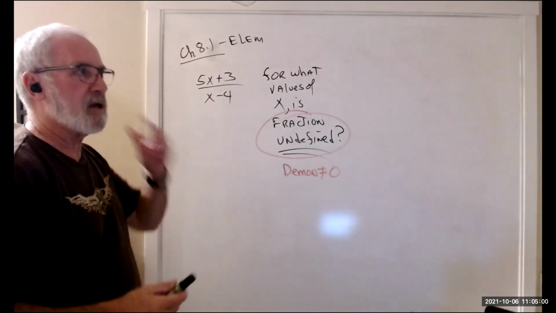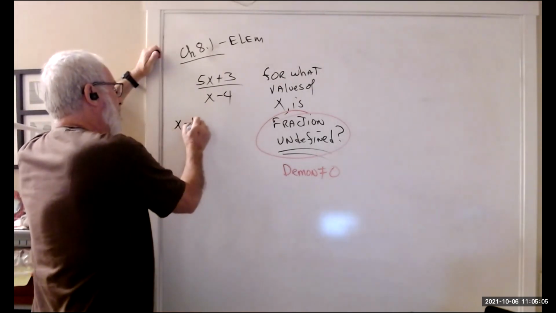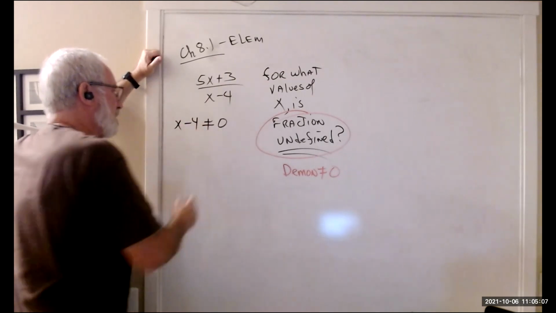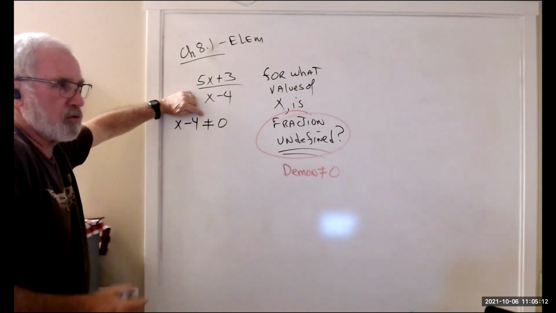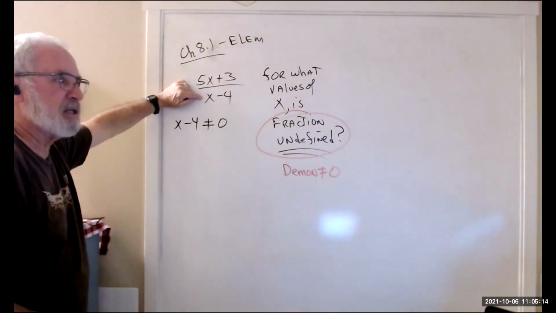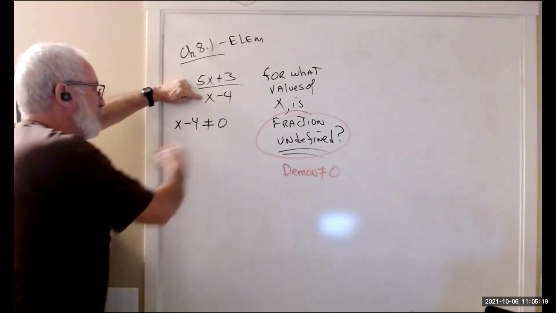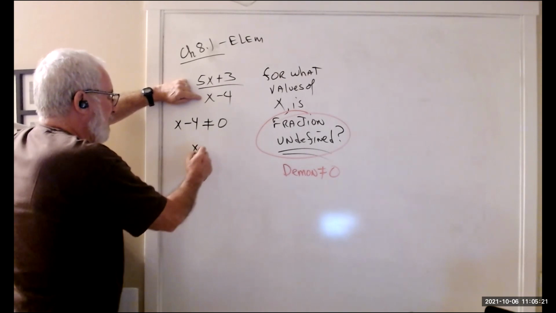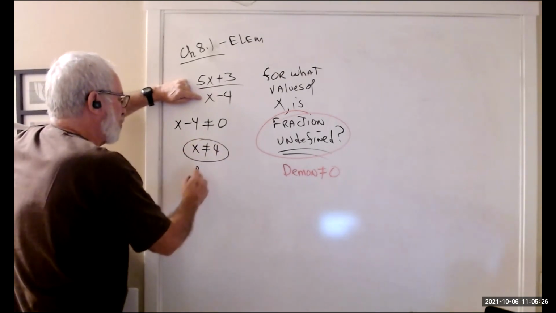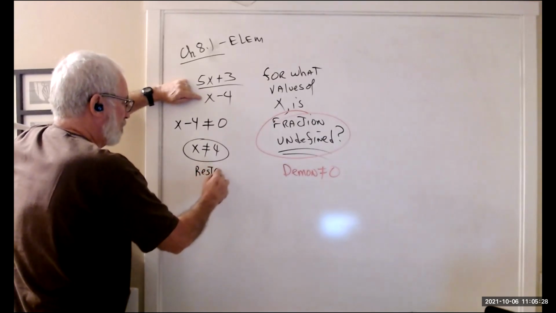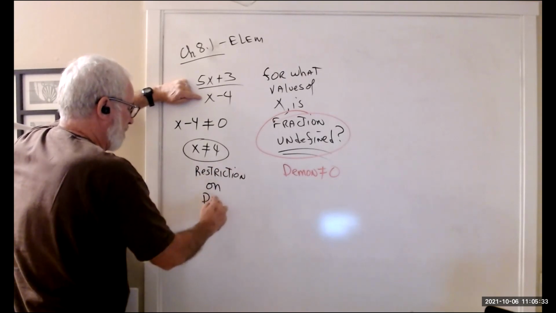So how do you handle it? You take the denominator of this problem and you simply write a non-equation. You say, whatever that is, it can't equal 0. And then you solve it, add 4 to both sides. X can't equal 4. This is called the restriction on the domain.